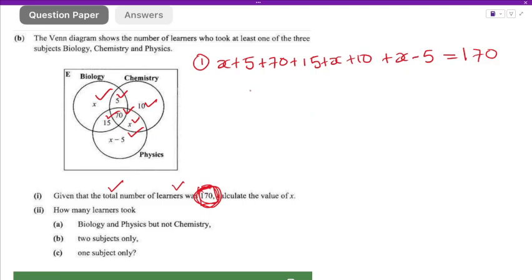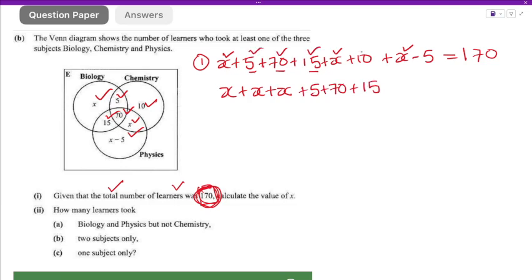So at this point, I'll first group the like terms. So x, x, x, all of them, I put them together. So I'm going to say x plus x plus x. You have 3 x's here, you can see that. And then I capture the numbers, so I have 5 and 70, 15. So plus 5 plus 70 plus 15.